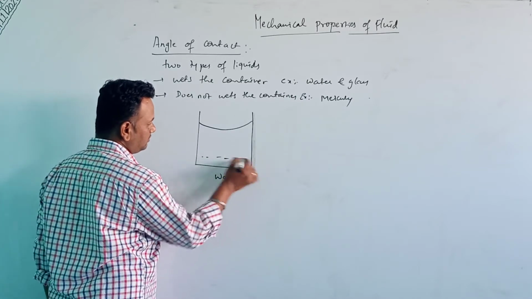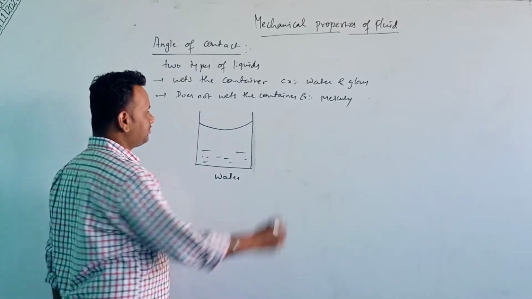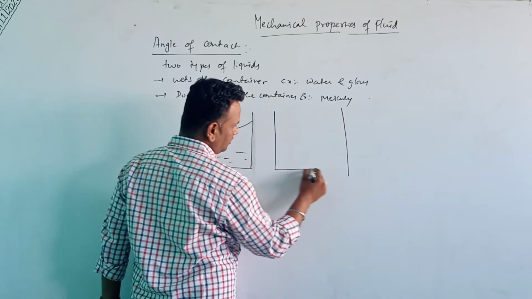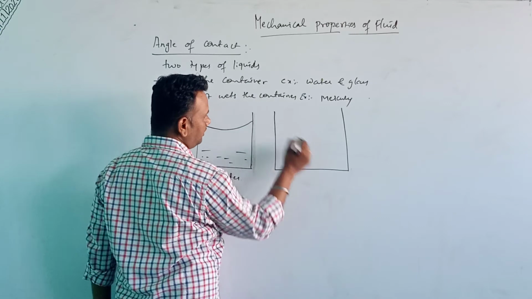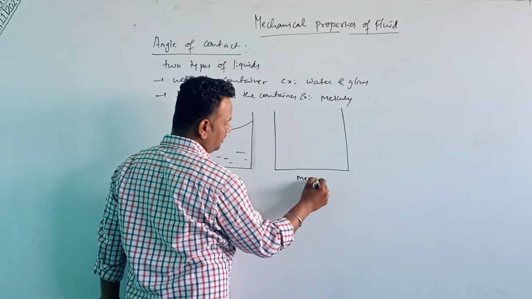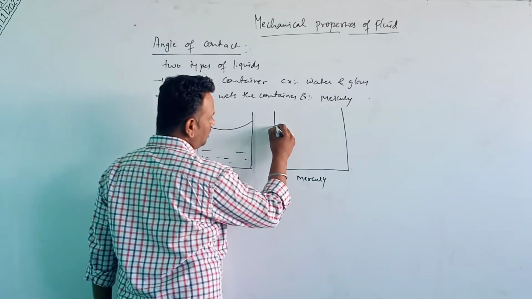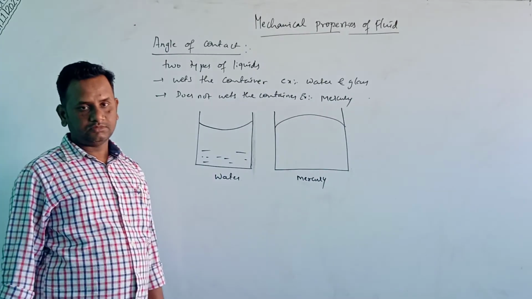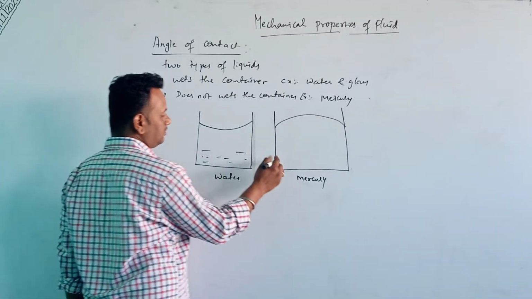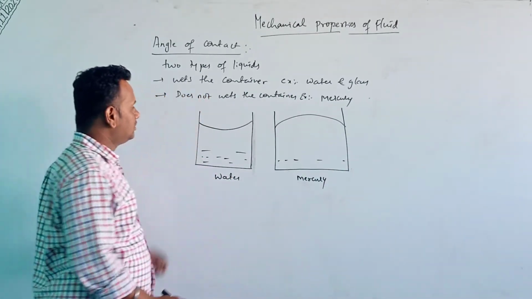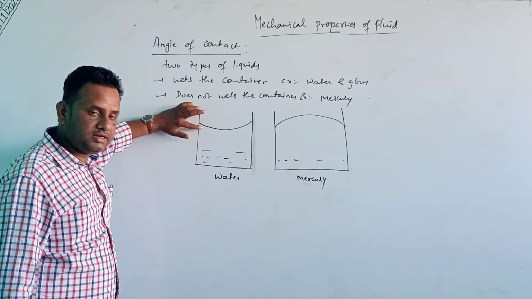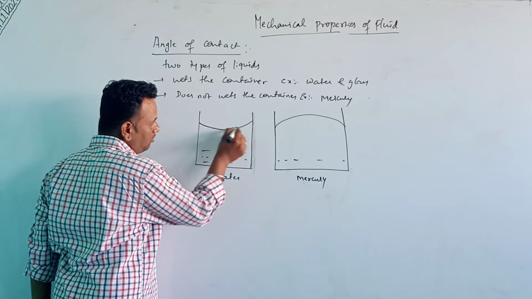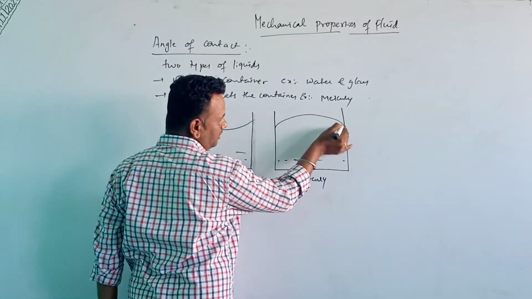Now in another container, if I take mercury, then a convex meniscus is formed. So when I take water in a glass container, I can observe the surface of the water as a concave meniscus, and here we call it a convex meniscus.